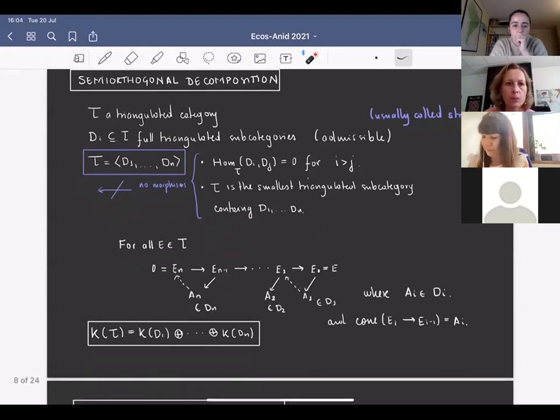One important thing that we can always do when we have a semi-orthogonal decomposition is compute the Grothendieck group of the triangulated category. We can imagine our triangulated category as split into pieces in some way.